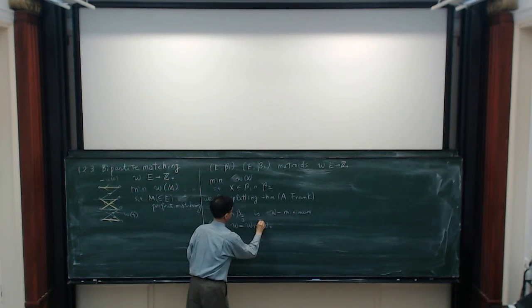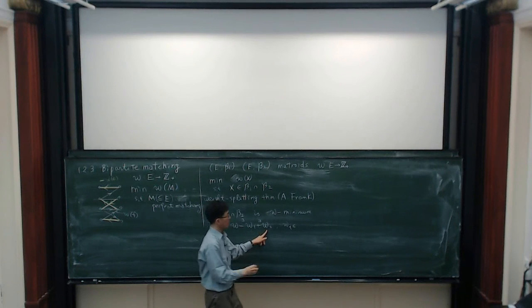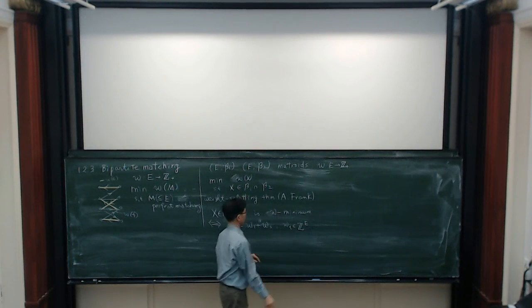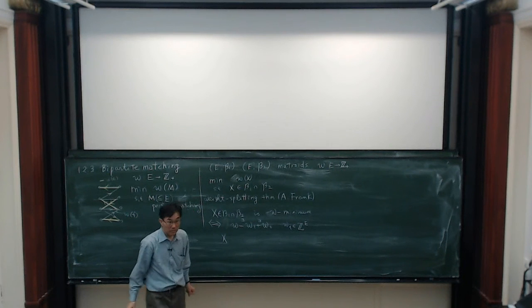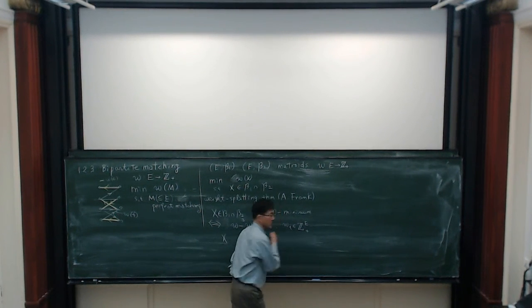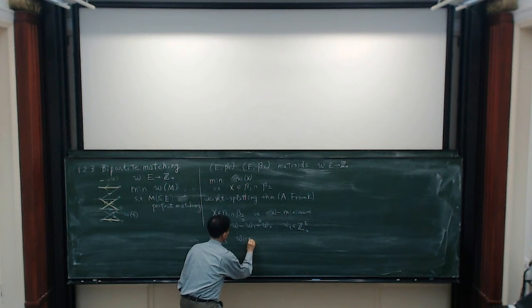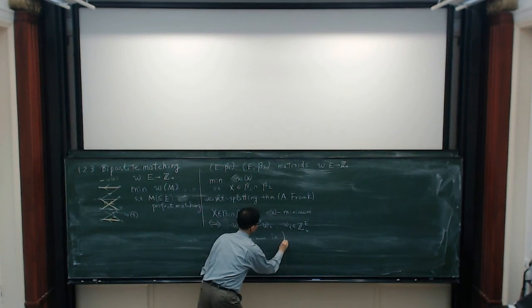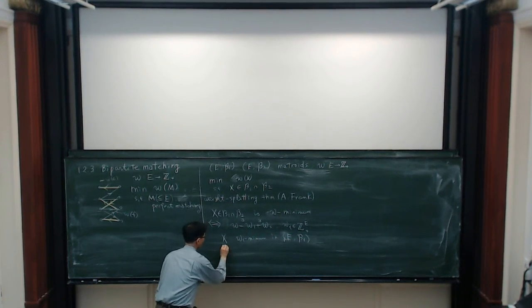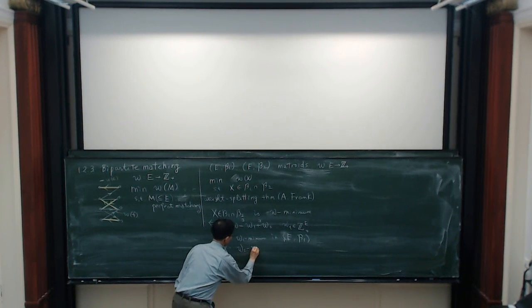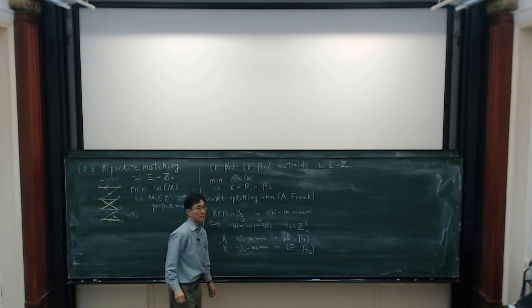This is called weight splitting, where each vector is an integer vector, such that x is a minimum base in the first matroid, and also the same is true for the second matroid.